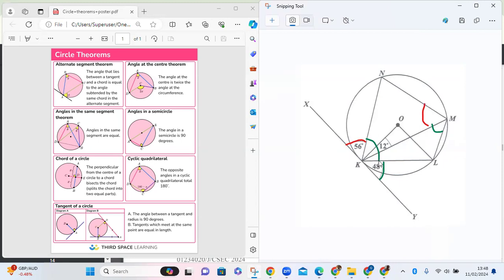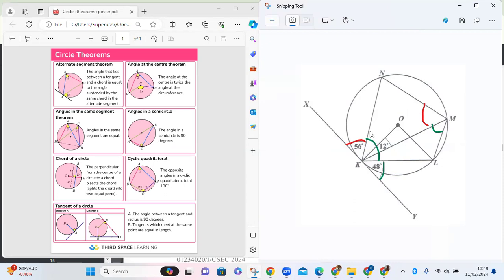Another way to get LKN is by adding 56 and 48 and subtracting it from 180, which comes to the same. NKL is supplementary to NML.